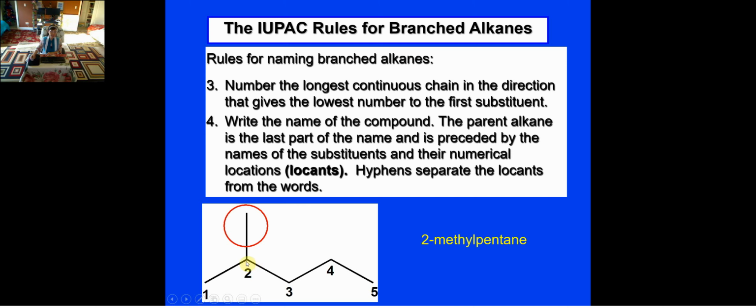This group is located in the number 2 carbon. Therefore, you put 2 in front of the name. Between the number 2 as the locant and the word methyl, you use a hyphen to separate it. Hyphen is used to separate the numerical locant and the letters of the nomenclature.